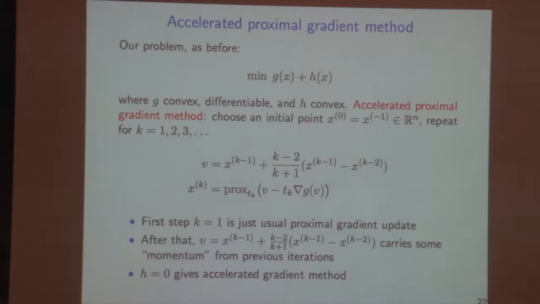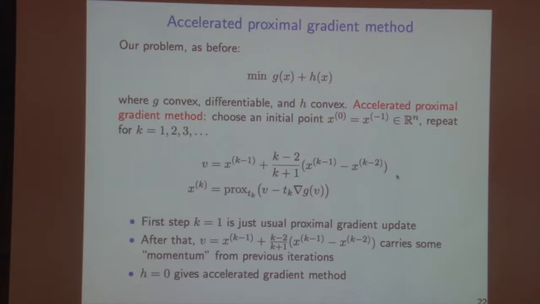And what do these weights look like across iterations? Do they get bigger or smaller as k increases? Maybe I meant to say k is 2.